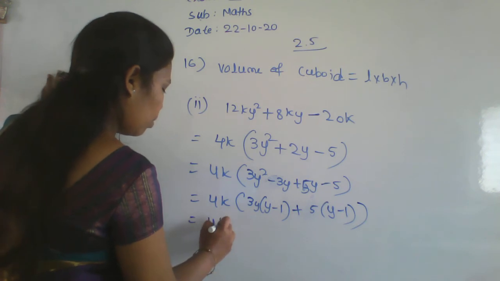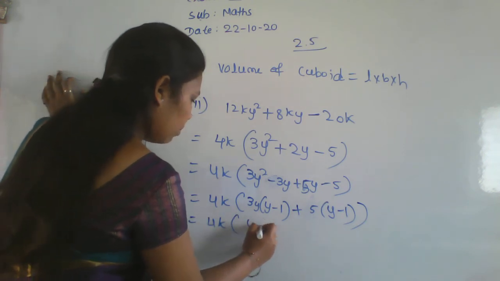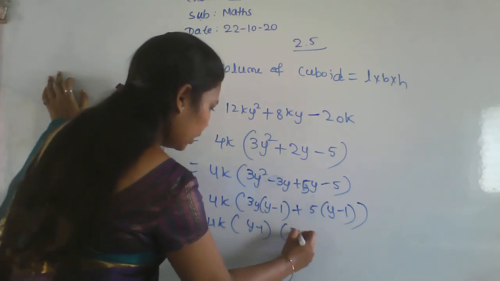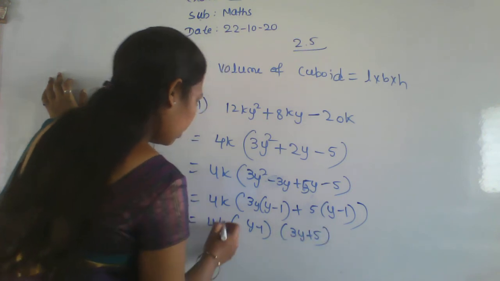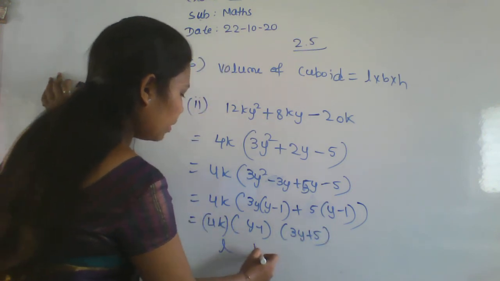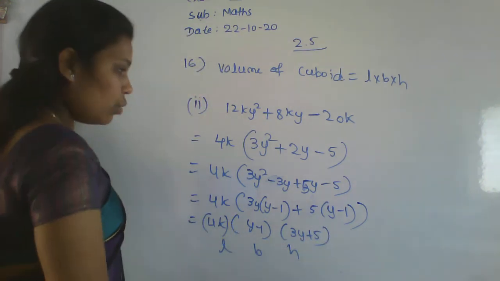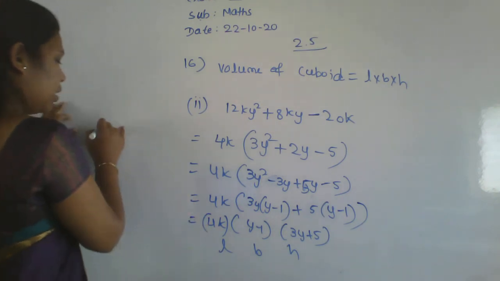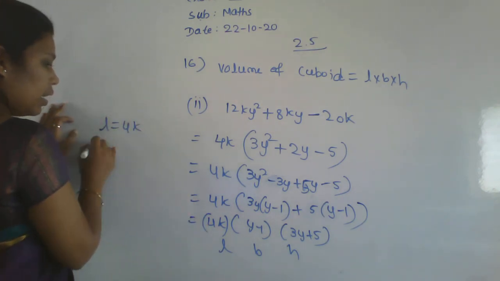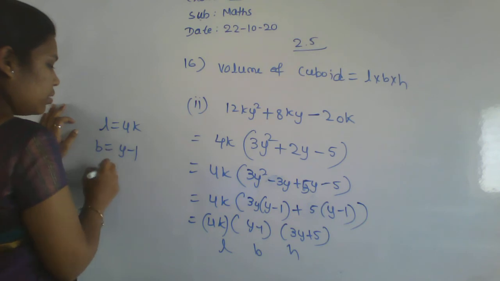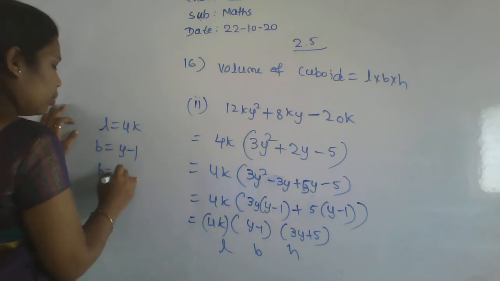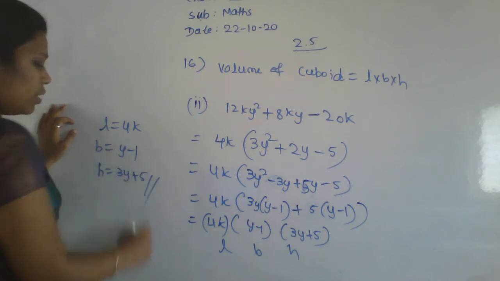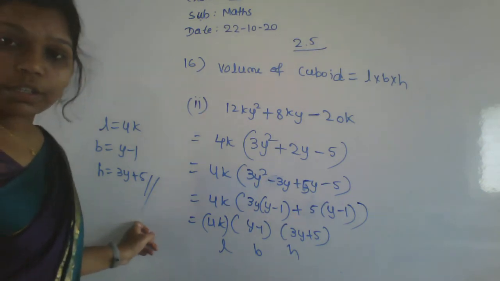That is equal to 4k into y minus 1 into 3y plus 5. So this is our answer for length, breadth and height. L is equal to 4k, breadth is equal to y minus 1, and height is equal to 3y plus 5. This is the answer. This is the volume of a cuboid.